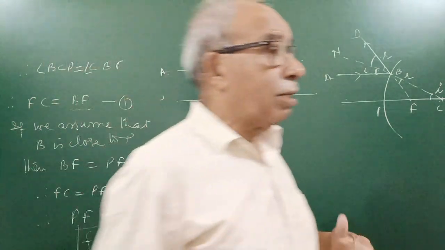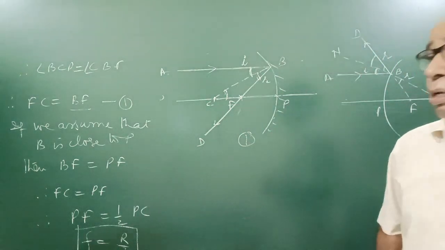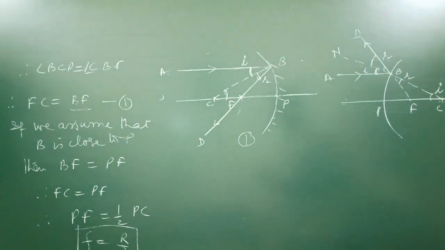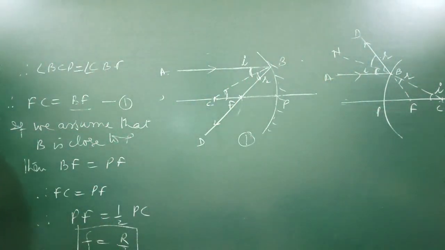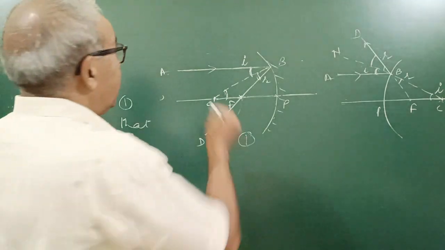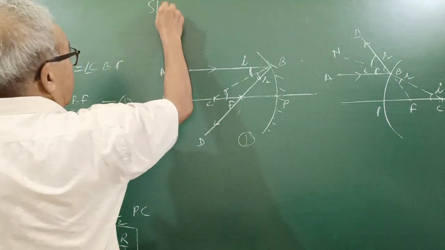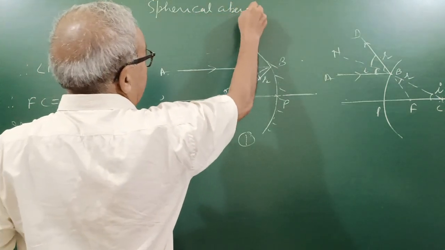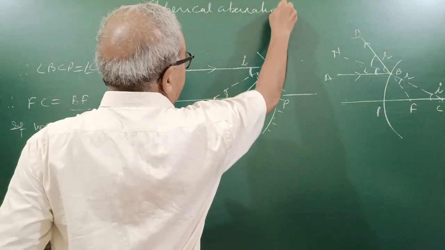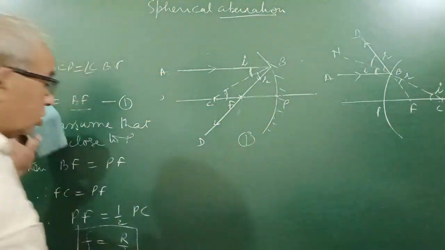And due to this assumption, there is actually a defect in spherical mirrors, which is called spherical aberration. I will tell you later. Spherical aberration means defect. It is due to this assumption.